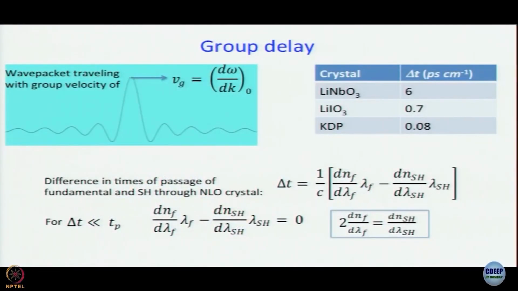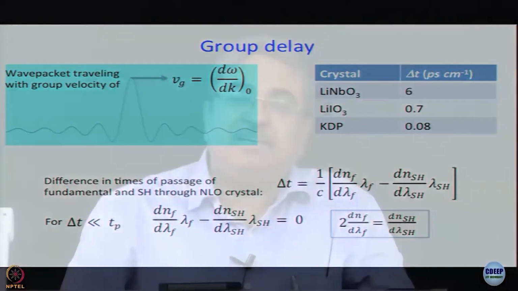What we want to learn is, we are saying it is a 1 in a million kind of probability to get parametric generation. Is there any way to increase the intensity? So far we were dealing with a situation where signal and idler meet at the nonlinear optical crystal and the pump is generated.